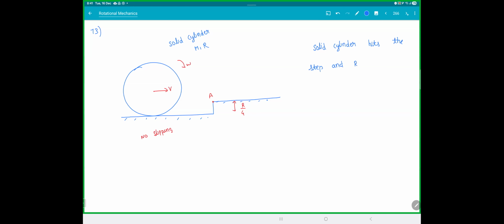It gets stuck. Basically, A becomes like a hinge. It rotates about point A. This is how the diagram would have looked.